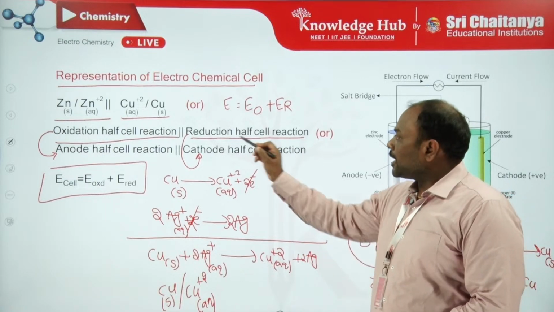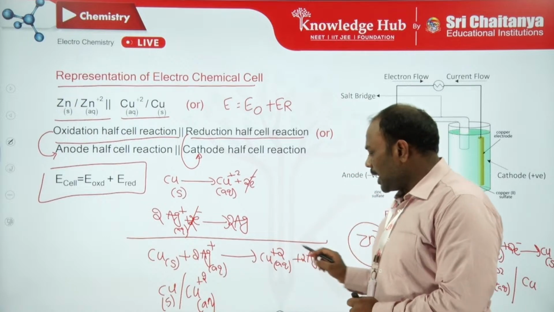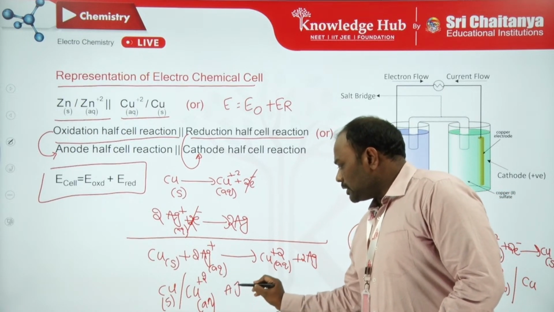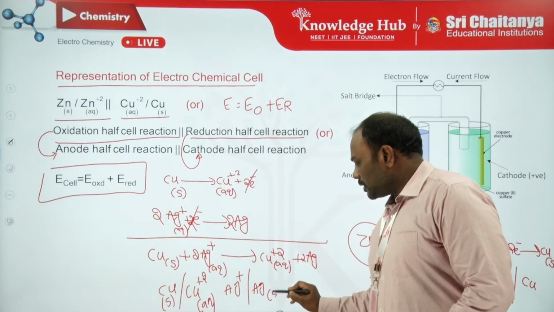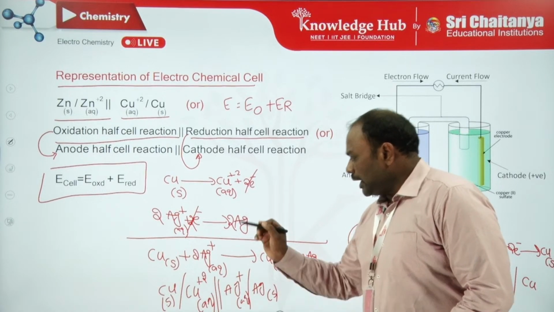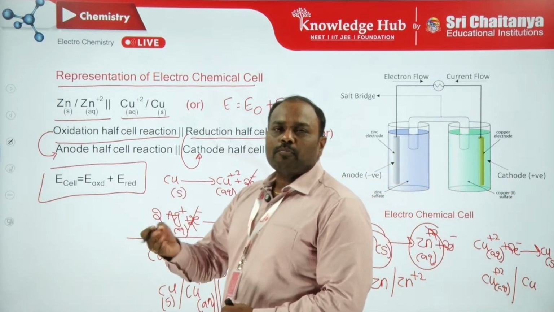On the right side, the reduction reaction: silver ion Ag plus is converted to Ag. This is solid, this is aqueous. Both are connected through the salt bridge. In this way we represent any type of cell.